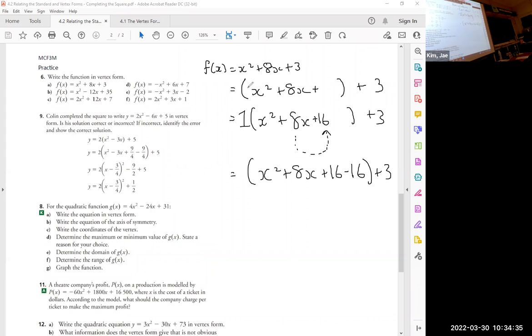You could factor out a 1, which doesn't change the values. So for this question, we can skip step 2, the factoring out of the a, because it doesn't change anything.